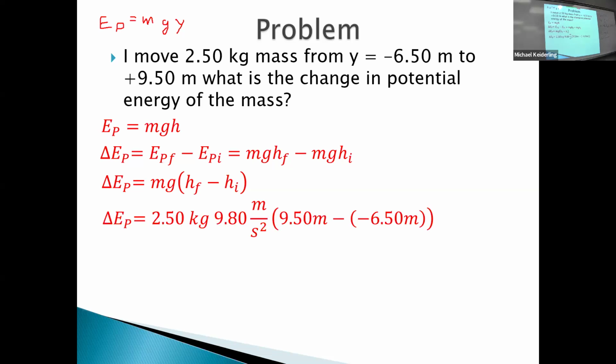So if we plug in our numbers, 2.5 kilograms times 9.8 meters per second squared times 9.5 minus negative 6.5 meters, which gives you 24.5 newtons times 16 meters, or 392 joules.